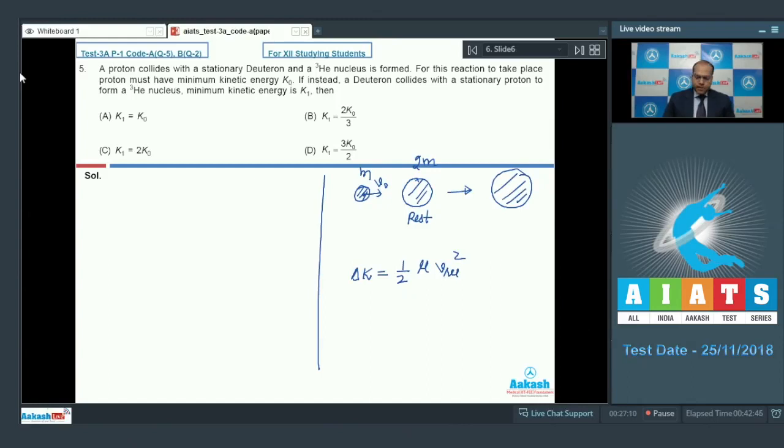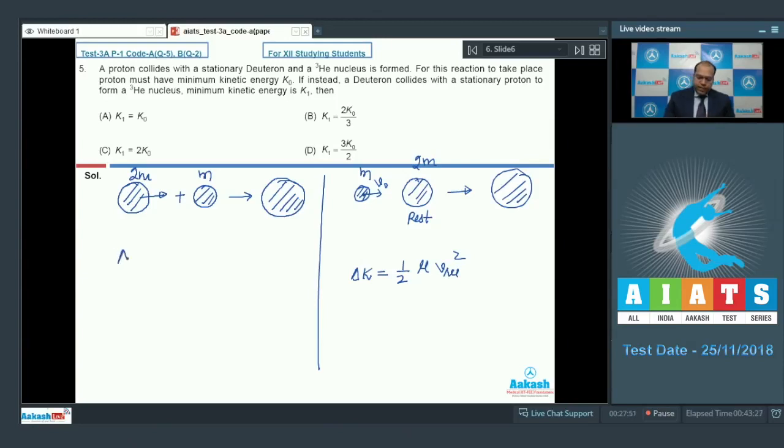Now for the second process, this is a deuteron which is moving with some kinetic energy K1, and it has a collision with a stationary proton whose mass is m, and in the process they form a helium nucleus. So in this process also the same helium nucleus is formed.